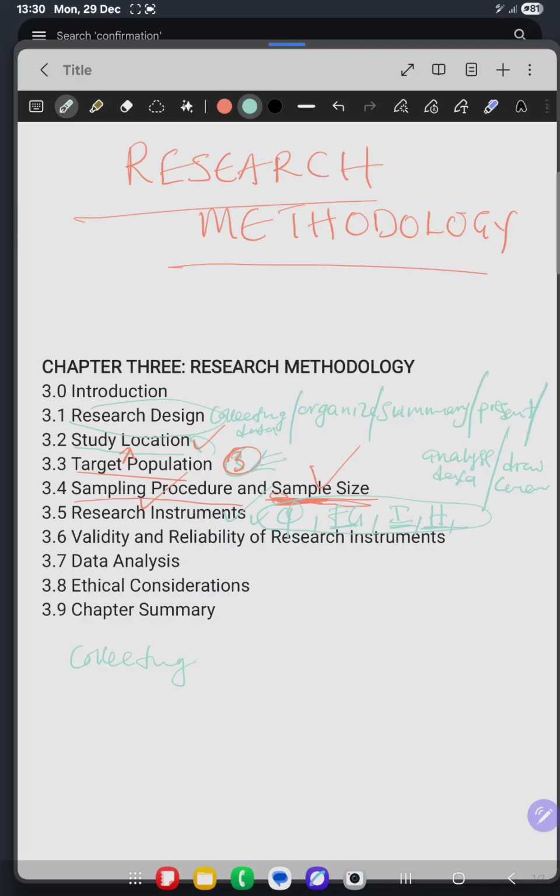So that is a questionnaire. A questionnaire is just a question written somewhere that you ask your respondents as you collect the data.